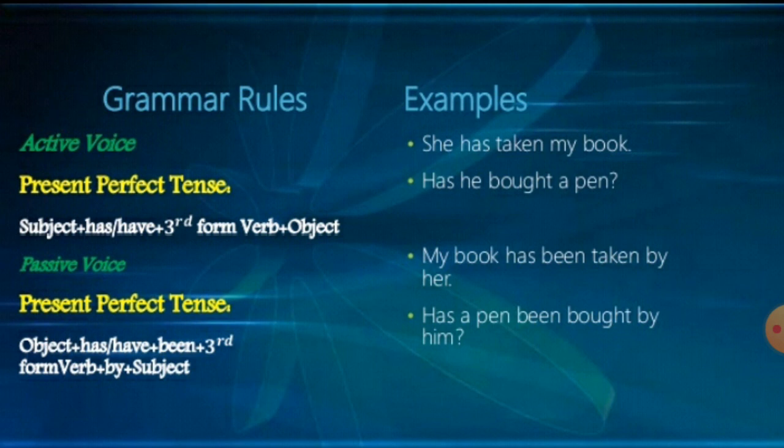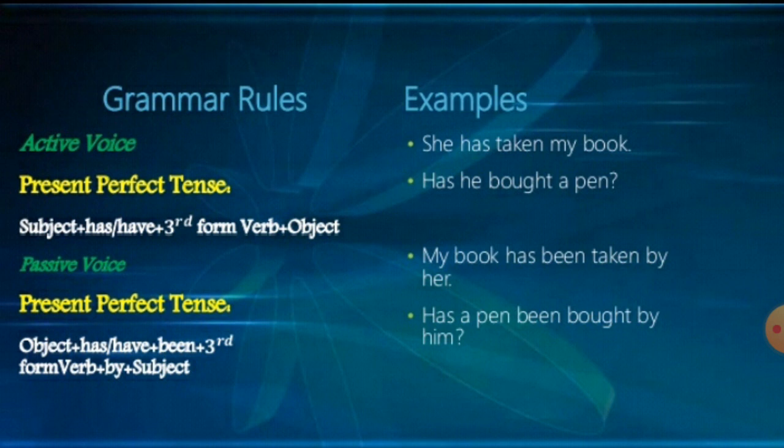How to change this? The object becomes the subject plus has or have plus been plus third form of the verb plus by plus subject. She has taken my book. My book will become the subject. My book has been taken by her.